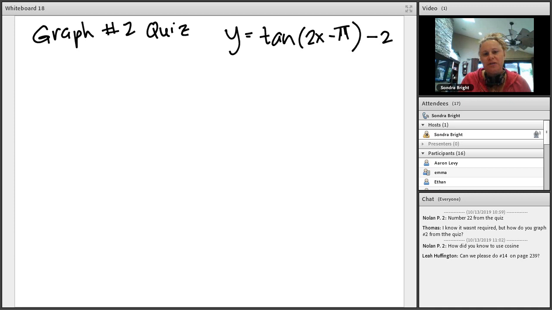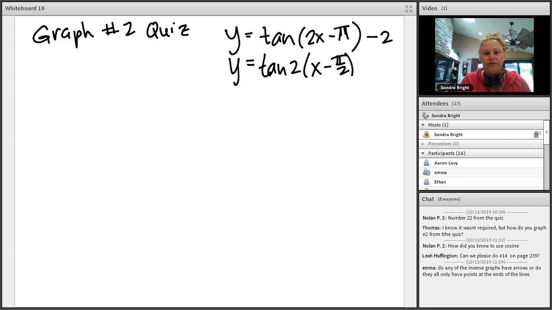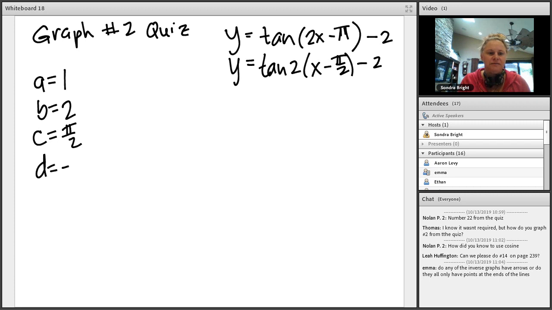All right, so the first thing you want to do is factor out the 2. So you'd have an x minus pi over 2. So your a value is 1, your b value is 2, your c value is a positive pi over 2, and then your d value is a negative 2.